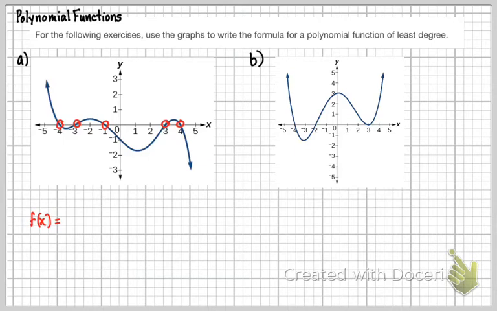And I can say that they're all odd because they all actually go through the x-axis. And they don't bounce off, so therefore they're all odd multiplicity. So I'm going to go with just one for now, because it did say of least degree. So I could say 3, but then that wouldn't be least degree. Where I have an x cubed there.